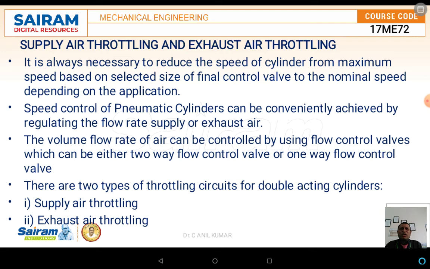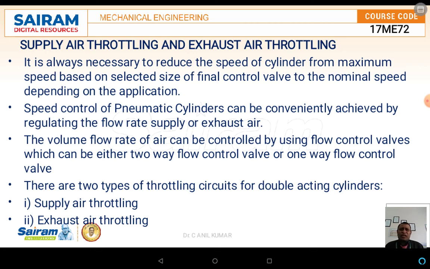The speed control of the pneumatic cylinder can be conveniently achieved by regulating the flow of the air, either at the inlet or at the exhaust. The volume flow rate of the air can be controlled by using a flow control valve, which can be either a two-way flow control valve or a one-way flow control valve.